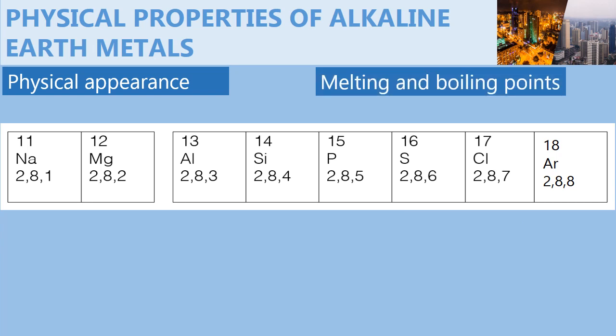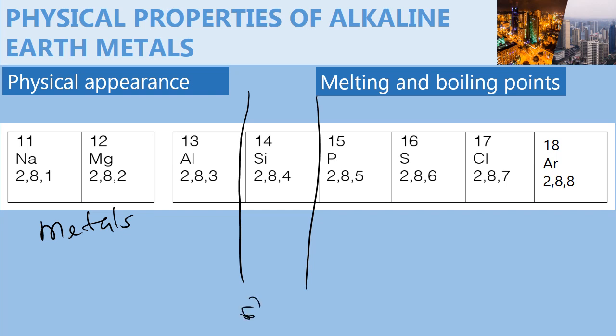The melting and boiling points. When talking about melting and boiling points, it is important to divide the period 3 elements into 3 categories: the metals, the metalloid, and the non-metals.